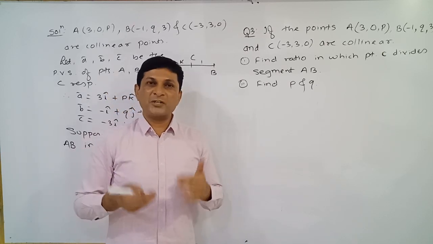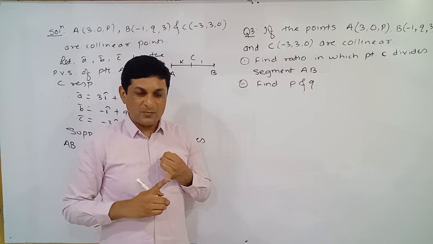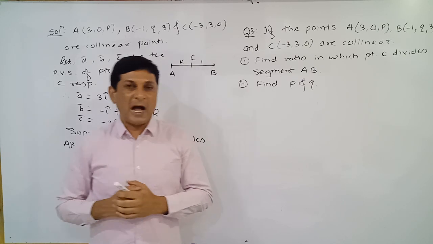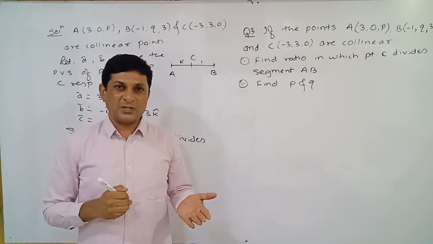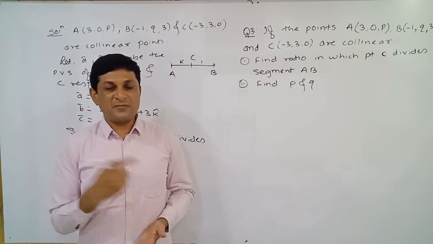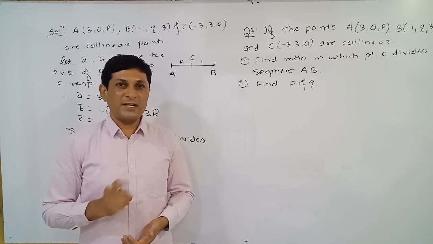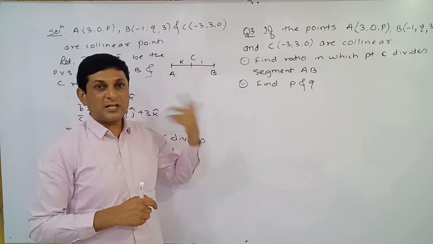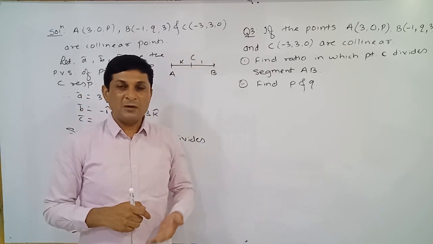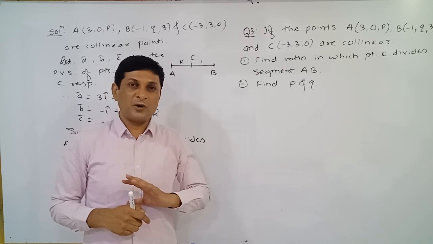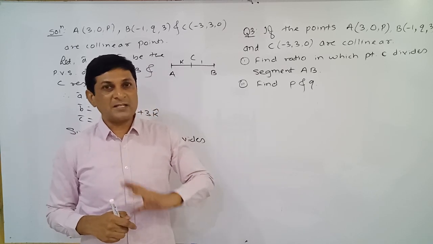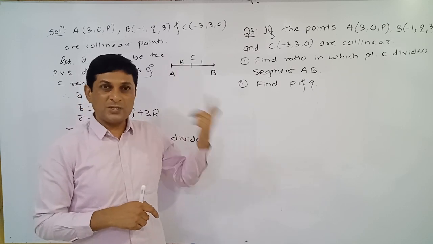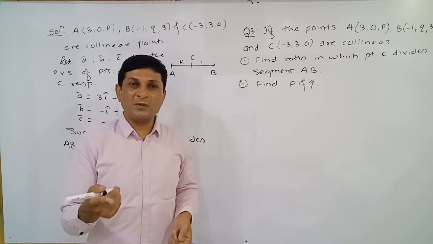Then our choice is there: either apply the section formula for internal division or apply the section formula for external division. But applying the section formula for internal division, if the ratio is positive, then definitely the division is internal, because we are finding the ratio of the lengths of two segments, and length cannot be negative, so the ratio cannot be negative. But in case, applying the section formula for internal division, if our answer is negative, means if the ratio k is negative, then definitely the division will be what?